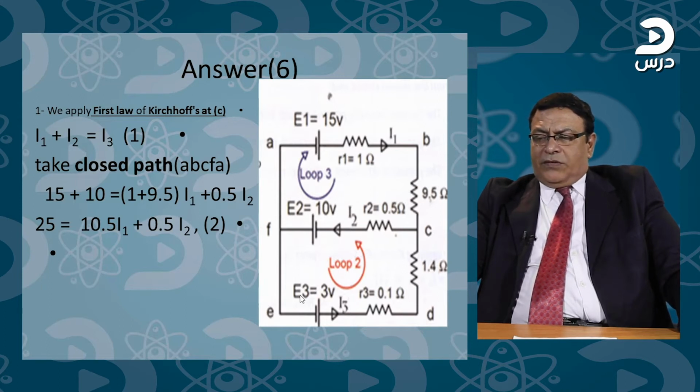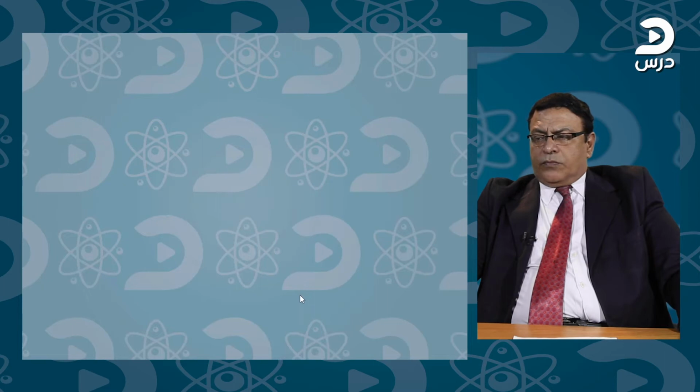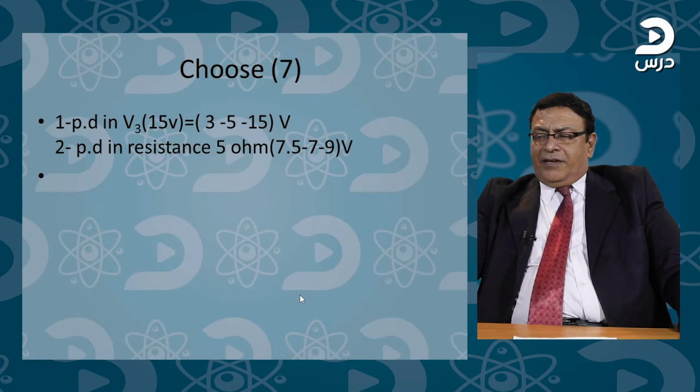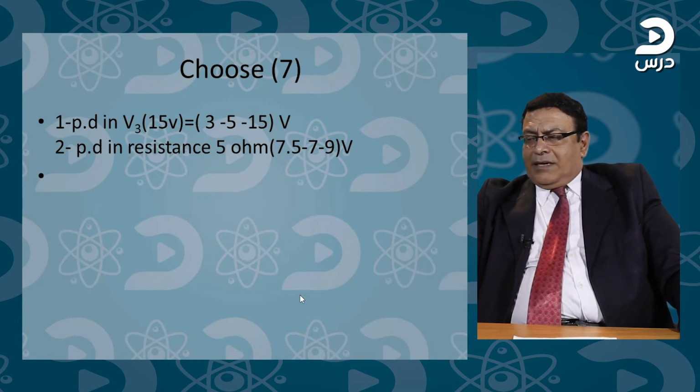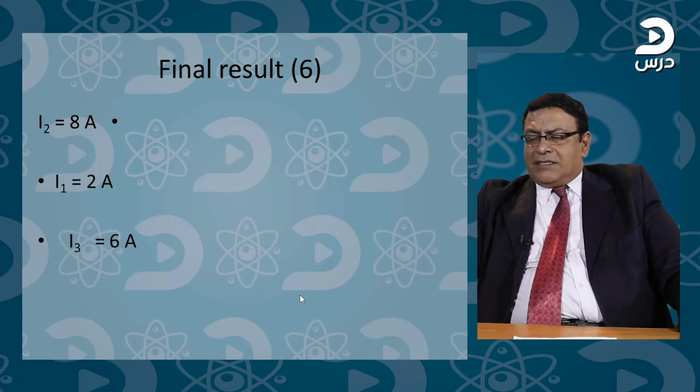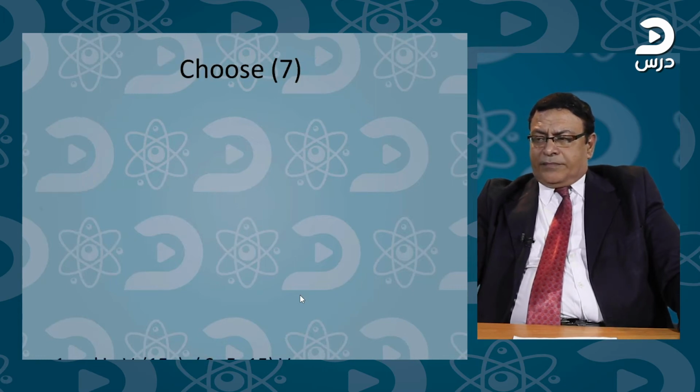So 25 equal 10.5 I1 plus half I2. So the final result I2 8 ampere and I1 equal 2 ampere but I3 equal 6 ampere.